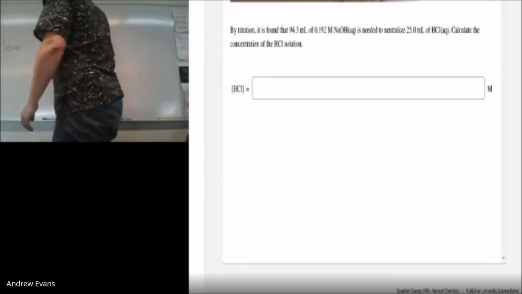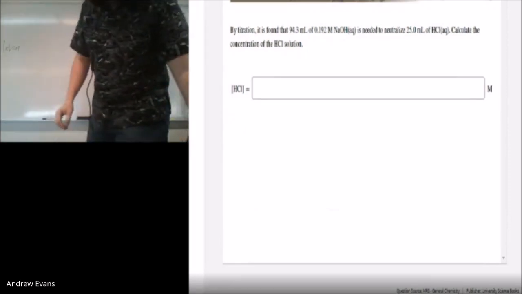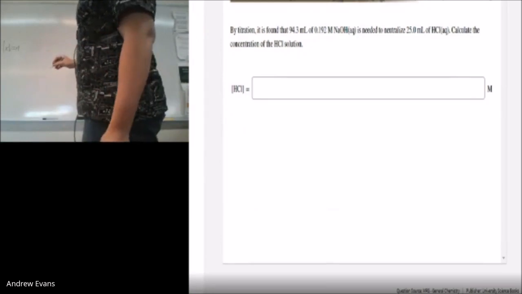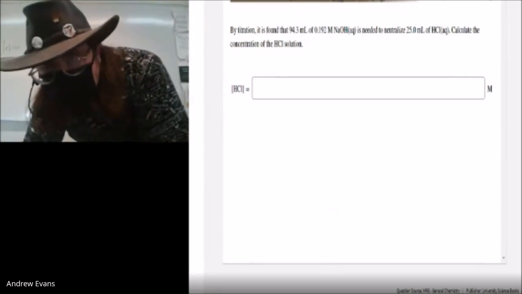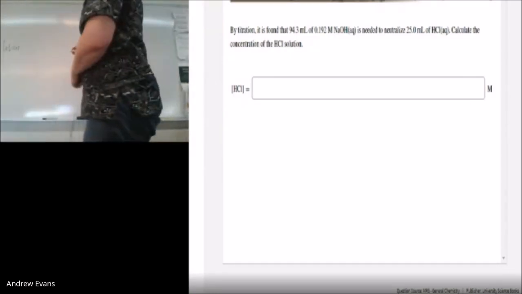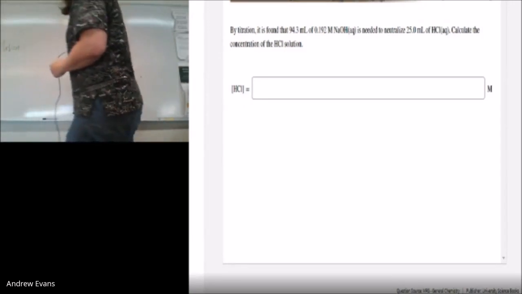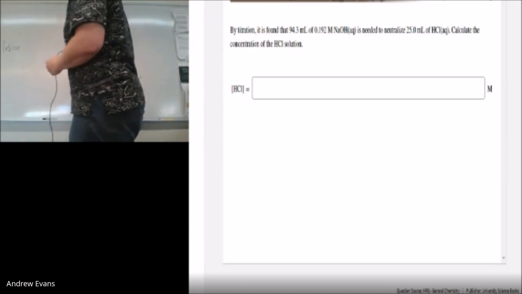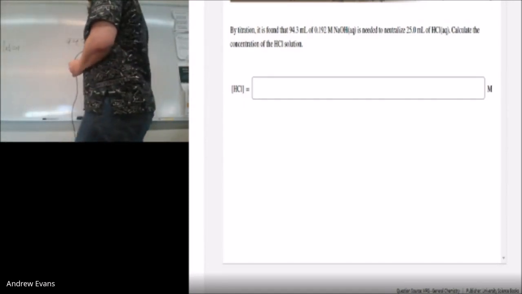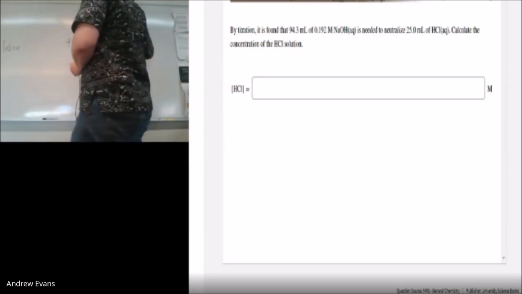The moles of acid equal the moles of base at equivalence point. So if we know the moles of acid and we know the moles of base, we can figure this out. So if they say 94.3 mils of 0.192 molar base, 94.3 times 0.192 equals molarity times 25.